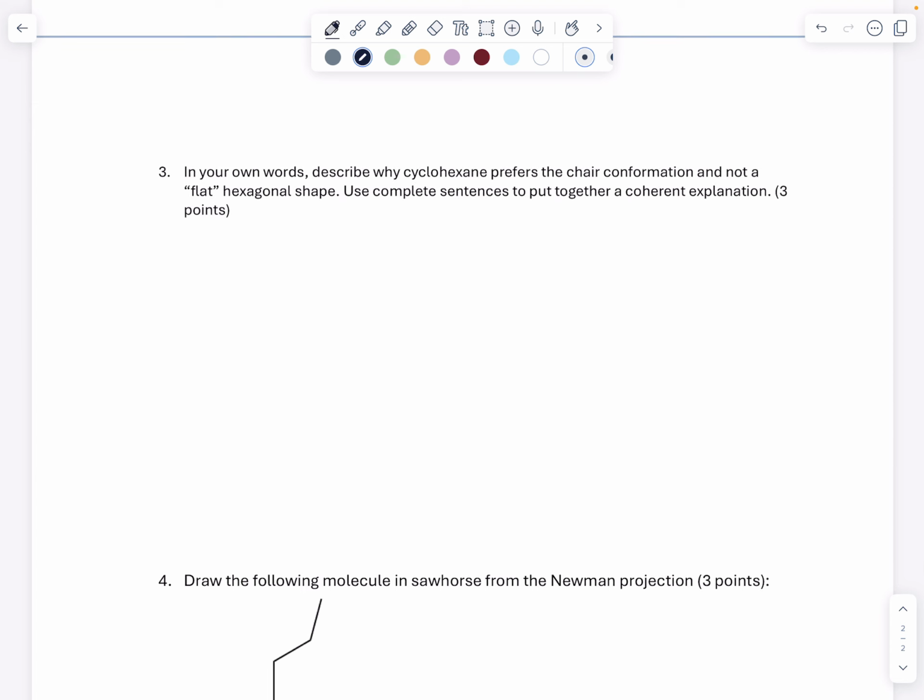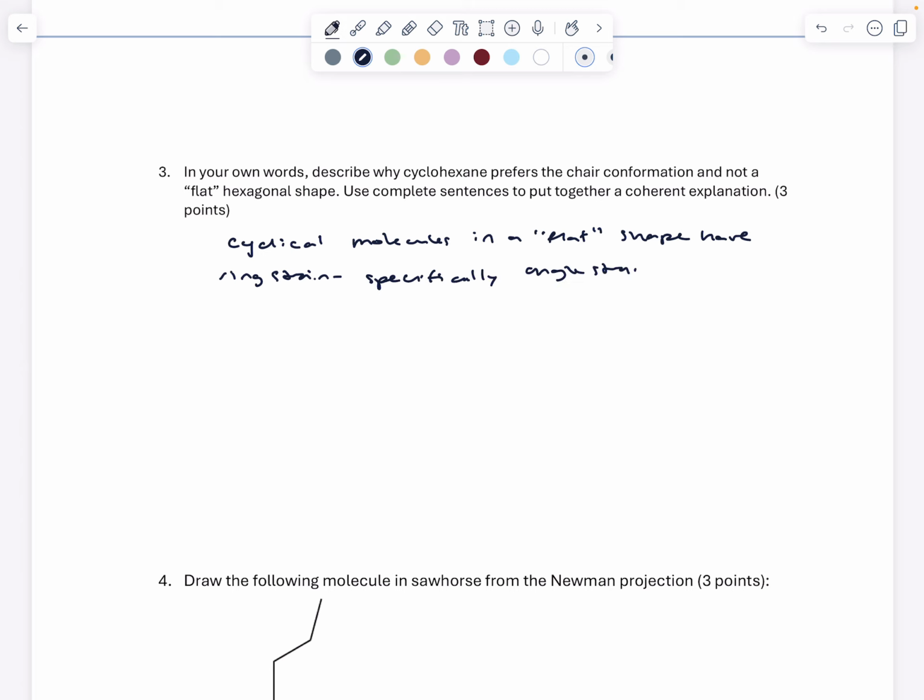Okay, next question. In your own words, describe why cyclohexane prefers chair conformation, not a flat hexagonal shape. Use complete sentences to put together a coherent explanation. So cyclical molecules in a flat shape have ring strain, specifically angle strain and torsional strain.